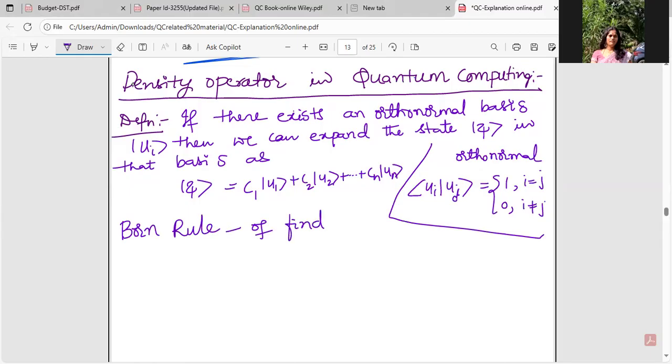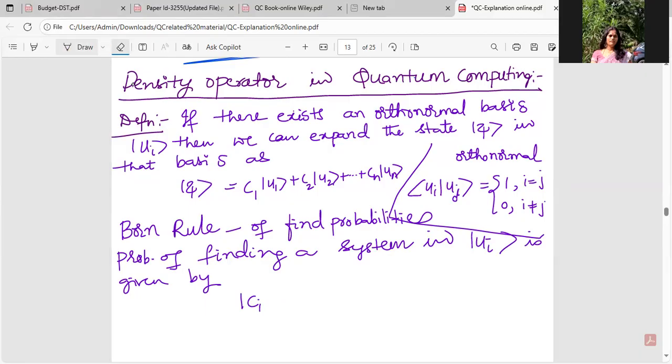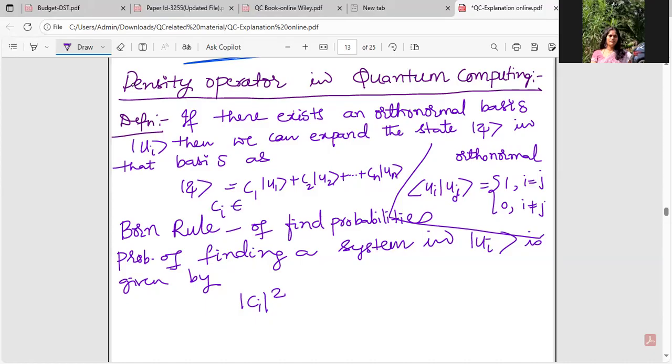If I can express a state in terms of orthonormal vectors, then what the Born rule says is that the probability of finding a system in ket ui is given by, as we have already seen in one of my previous videos, ci squared. Here ci belongs to the complex plane.